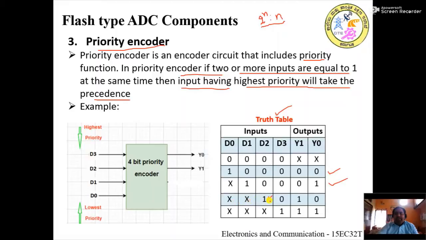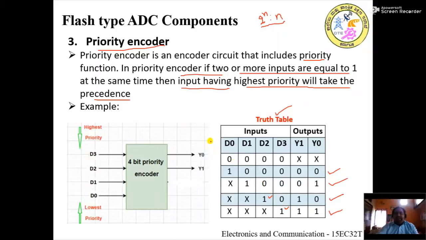In this case, D2 will take the precedence and the encoded output would be 1, 0. And in the last case, D3 bit is 1. Since D3 has the highest priority, irrespective of the contents of the lower priority bits, our encoded output would be 1, 1, which represents that the D3 bit is active high.